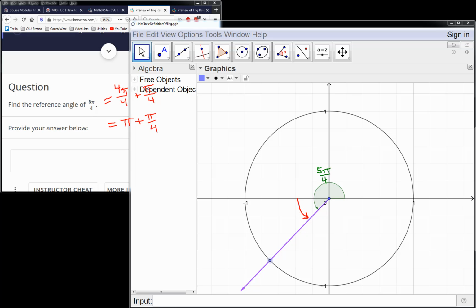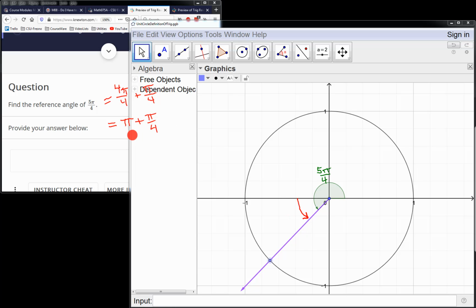That's what's really cool about the way we set our work up: this red angle is just the leftover after we went that half revolution. Our half revolution is the pi, and the little extra bit is pi over 4.